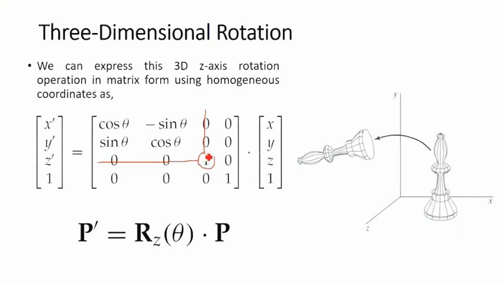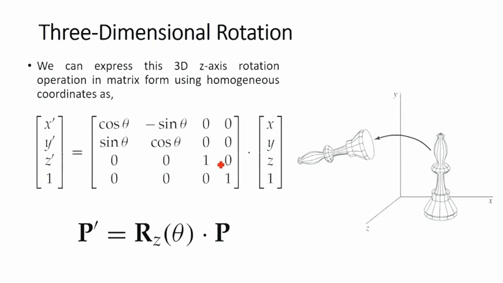Only the diagonal element in the z-axis, the intersection of third row and third column, is set to 1. So third row and third column represent z, fourth row and fourth column represent the homogeneous coordinate, second row and second column represent y-axis, first row and first column represent x-axis. That's the notation that we will be moving ahead with.